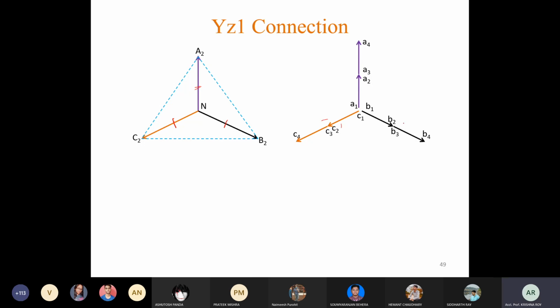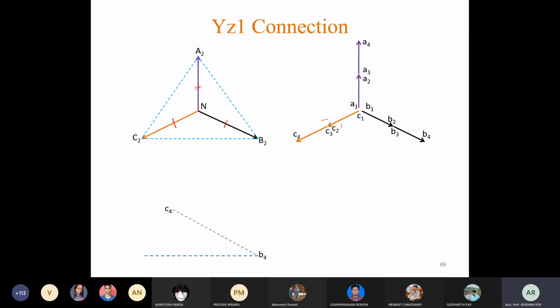So we have to make 30 degree phase displacement. That means the secondary or low voltage side line EMFs will lag the primary side line EMF by an angle of 30 degree. So this is the reference line.